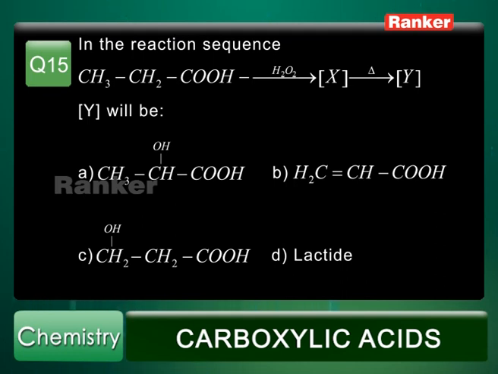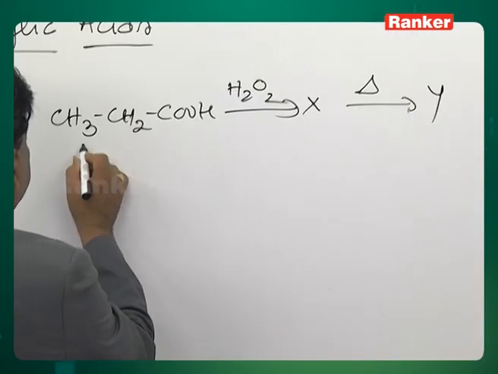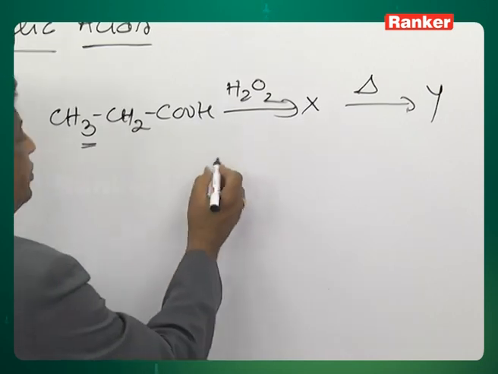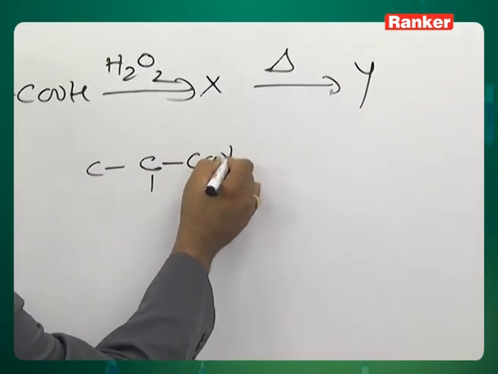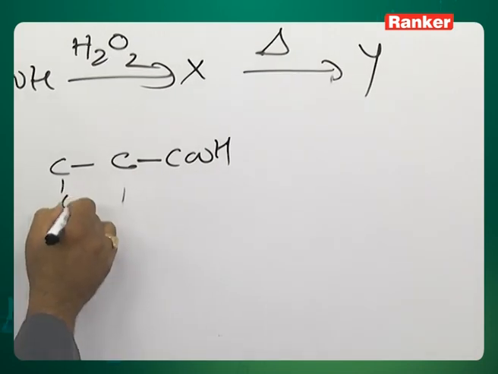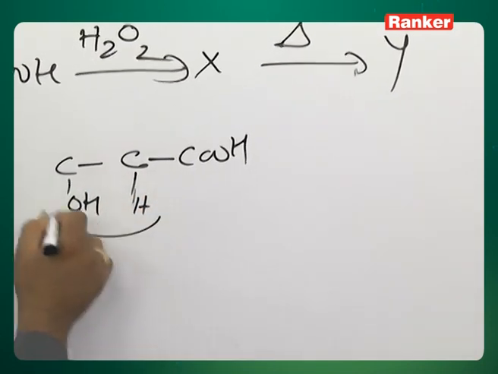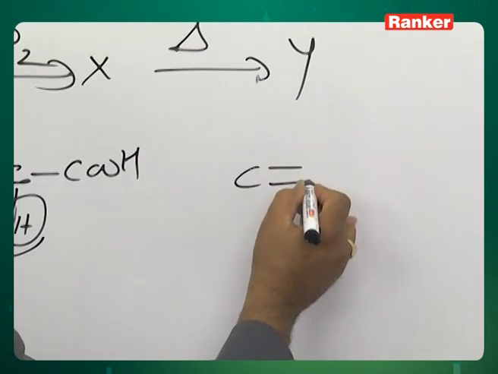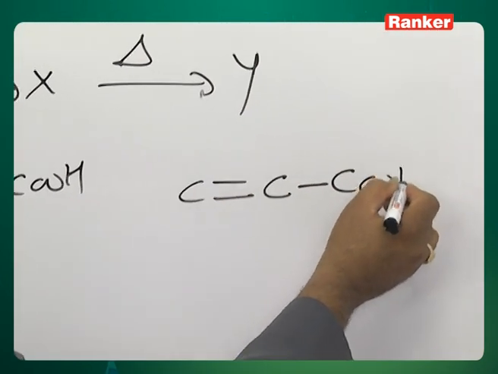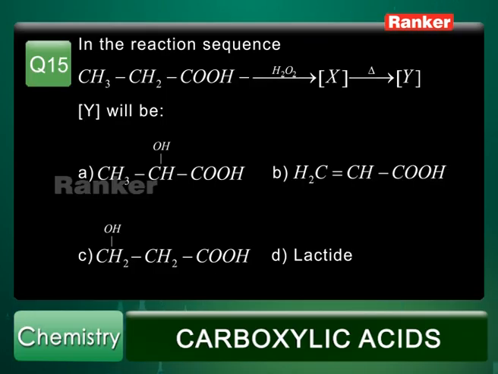The hydrogen peroxide goes to the beta carbon, so the beta carbon undergoes a hydroxylation. This then undergoes a decarboxylation. So the compound Y must be an unsaturated carboxylic acid. So that is the right answer.